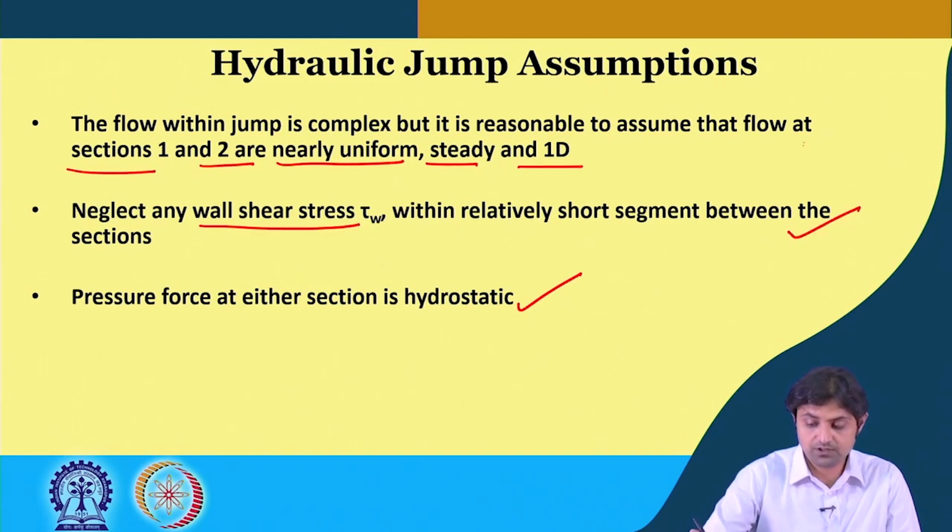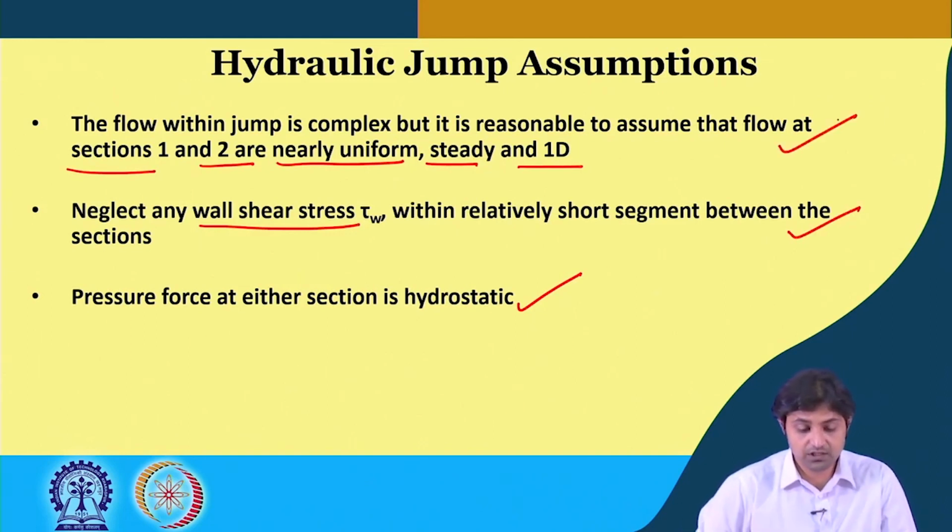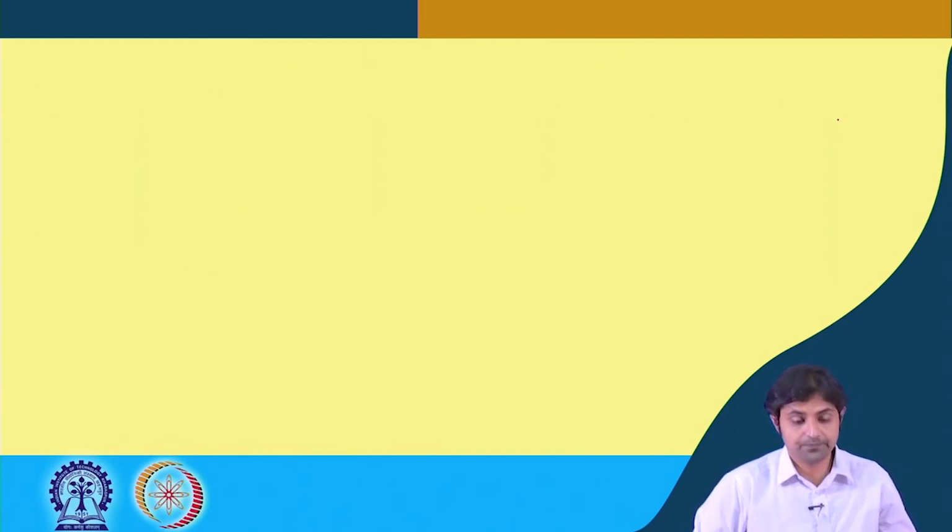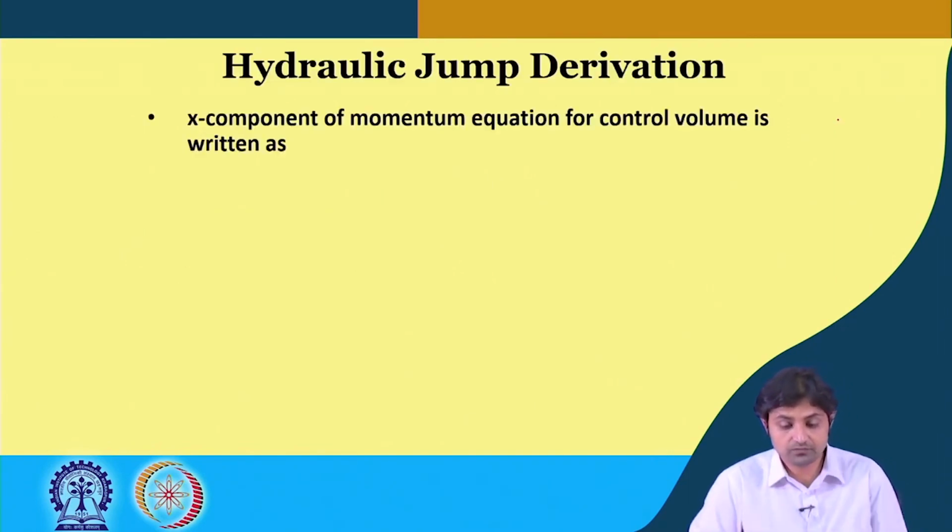The first assumption is that at sections 1 and 2 the flow is considered to be uniform, steady and one dimensional. Second, we neglect any wall shear stress within the relatively short segment between the sections. The third assumption is that the pressure force at either section is hydrostatic.